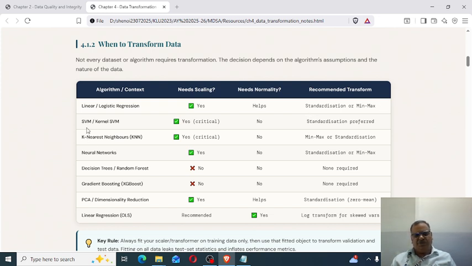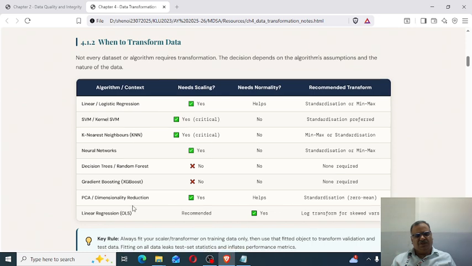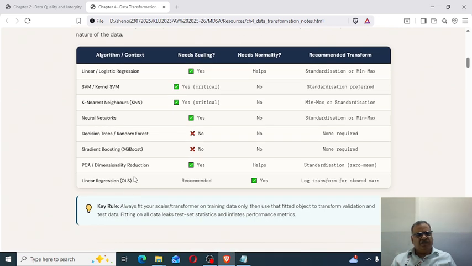When we are using support vector machines, we use the standardized score. Similarly, when we use nearest neighbor methods, we can use either min-max or standardization, and similarly for other models. In the case of decision tree or gradient boost, it has inbuilt techniques, so we don't require a separate technique to normalize.